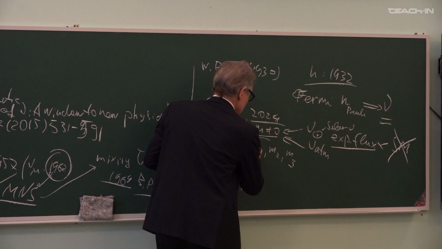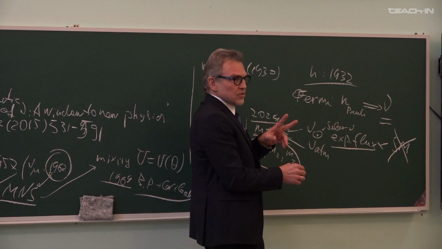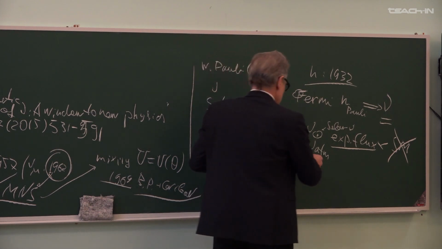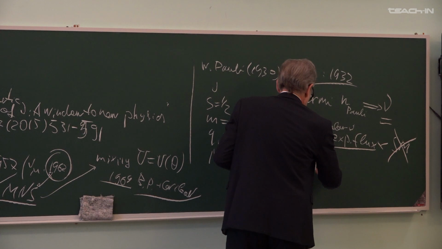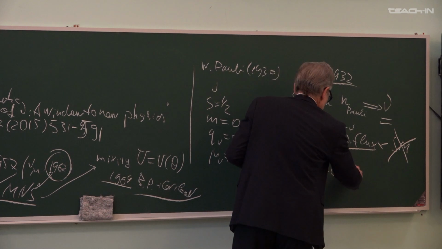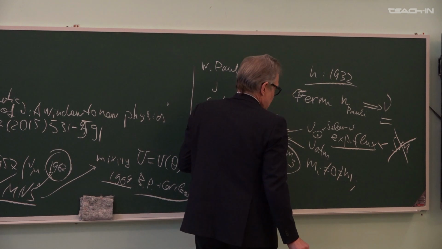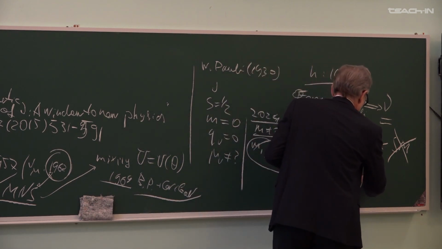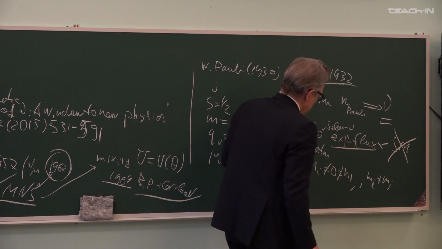So among these 3, 2 are not 0, and they are not equal to each other. I don't know how to write this. m_i not 0, m_j not 0, and m_i not equal to m_j.